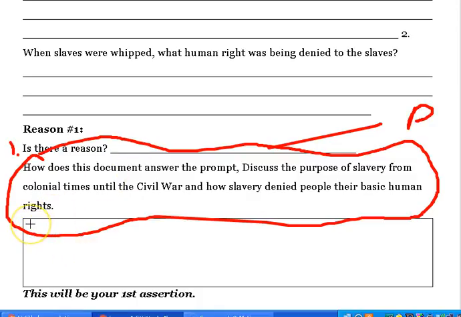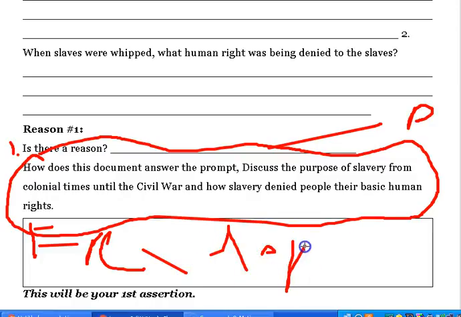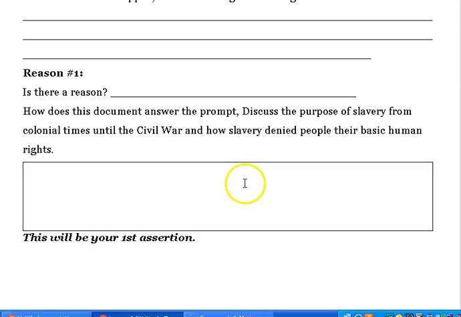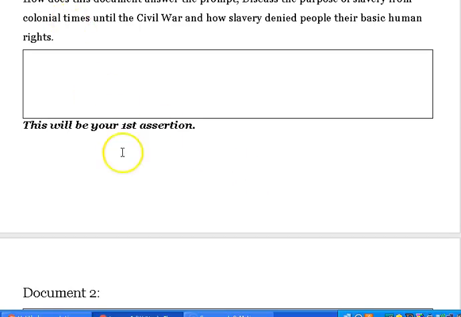Freedom. So, that was messy handwriting. And this will be your first assertion. Let's continue to document 2.